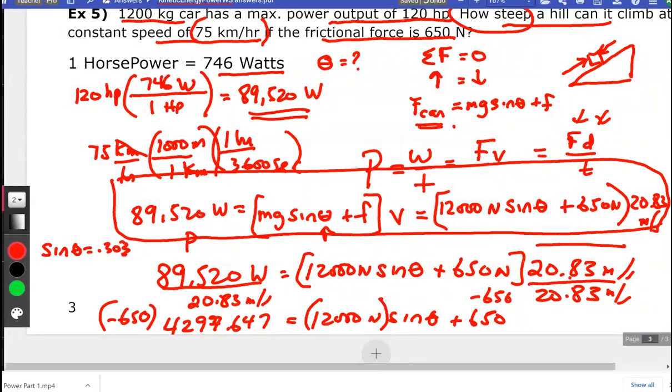Then you do the inverse sine of 0.303, and you get about 18 degrees. So it's an algebra problem. You subtract the 650, you divide by 12,000, you get sine of theta is 0.303, and inverse sine is 18 degrees, and that is it.